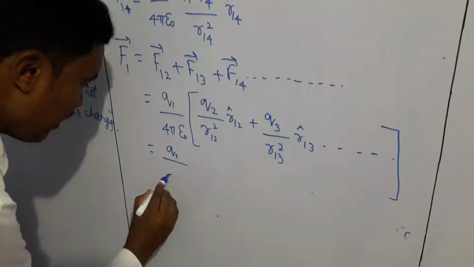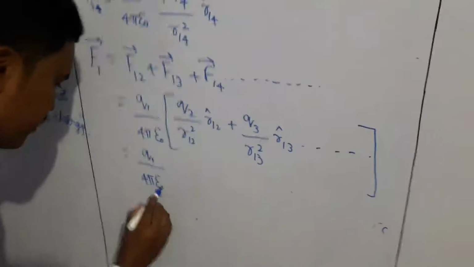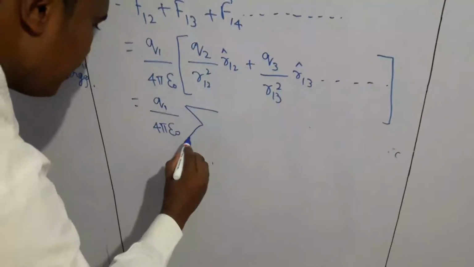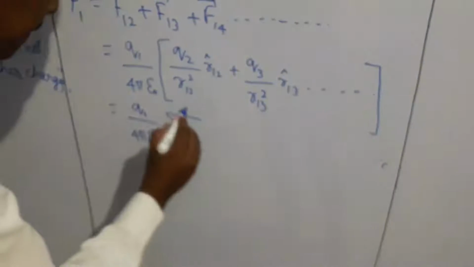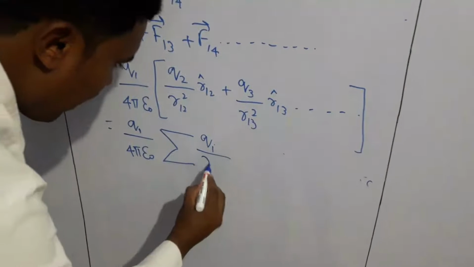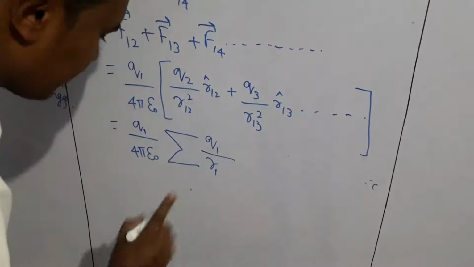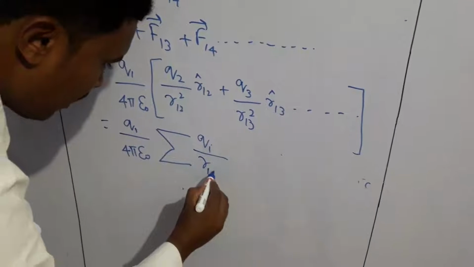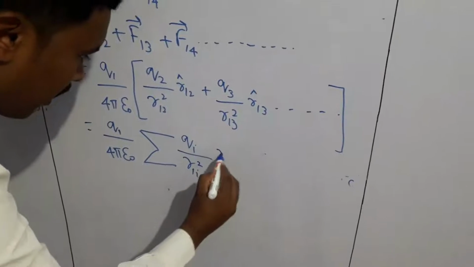Q1 by 4 pi epsilon naught summation of Qi, in the place of 2 I have taken i, then R1i square R1i cap, since we are taking 1 as common.